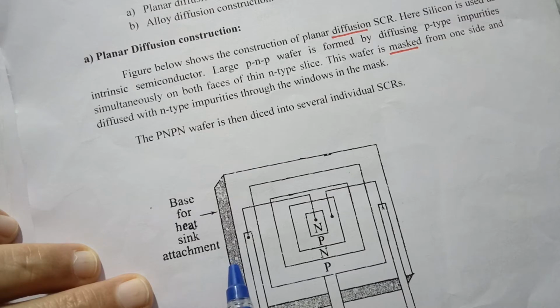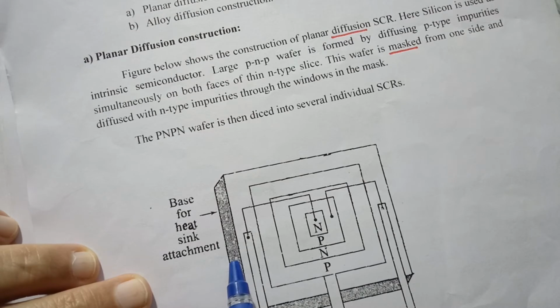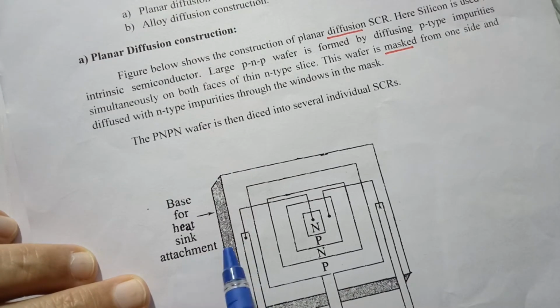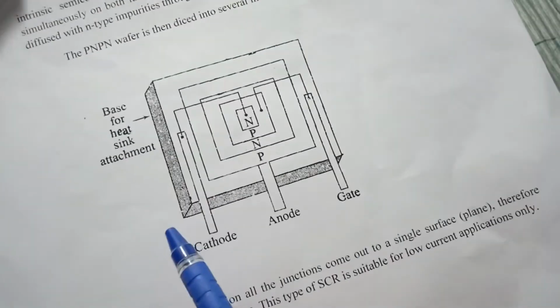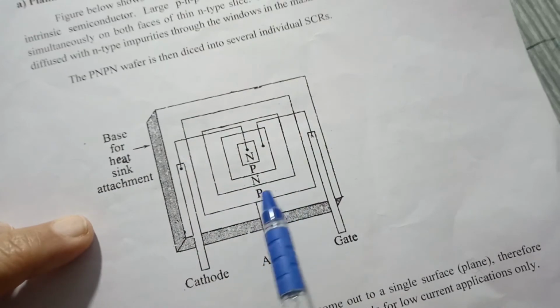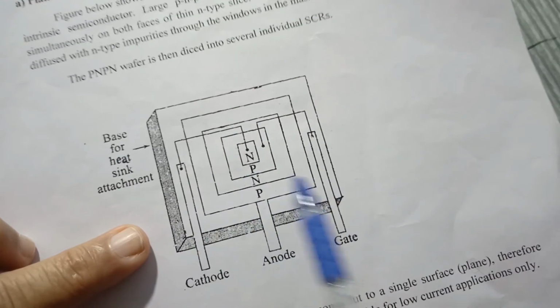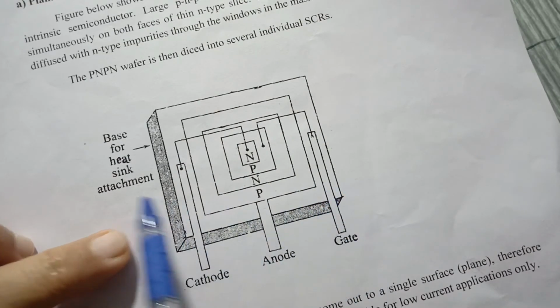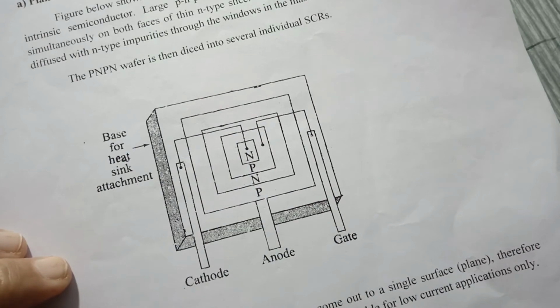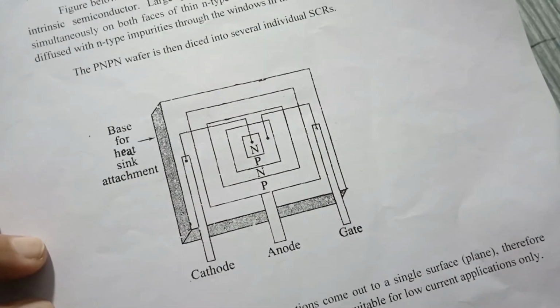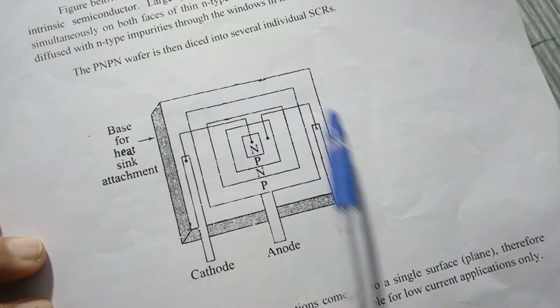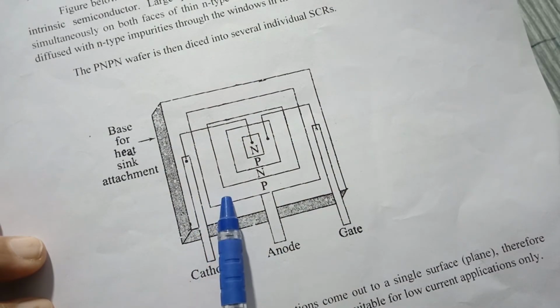Heat sink means it is actually a metallic body which has a larger mass, and therefore it has the ability to absorb some heat energy, and it is required in power devices because when they get heated, that heat energy has to be removed to keep the temperature of this component at a safe level. So this is a planar diffusion construction, and this type of SCR is used for low current applications. In the laboratory, we are using the SCR of this kind.